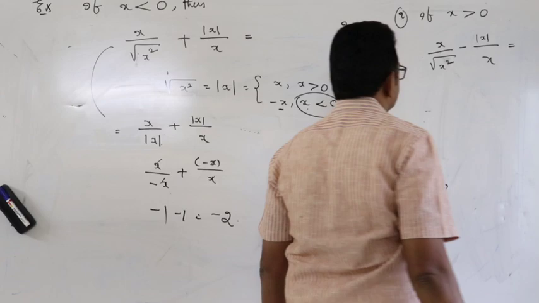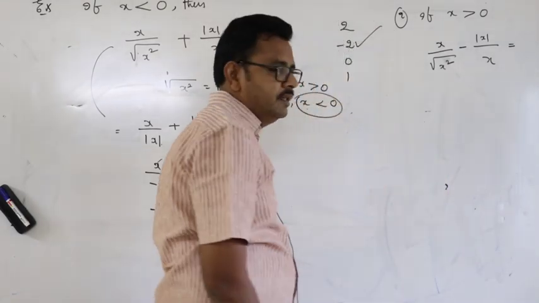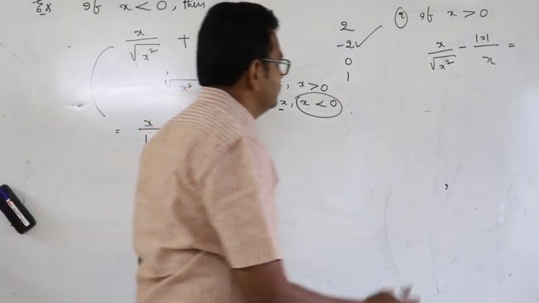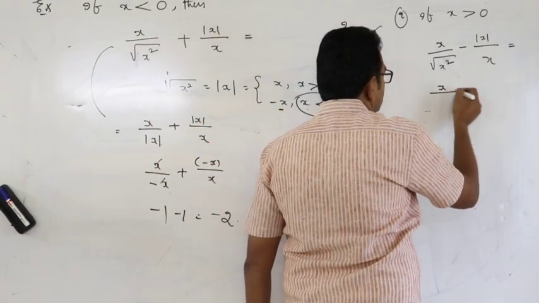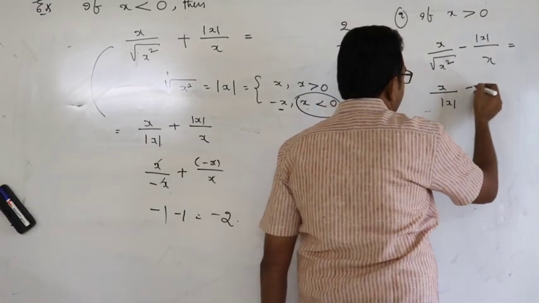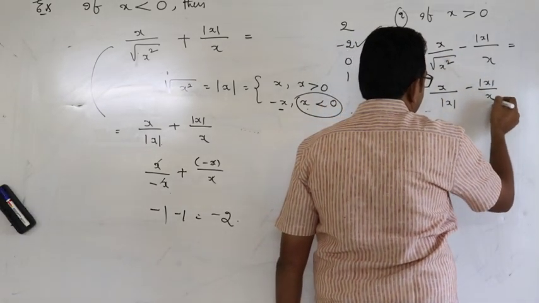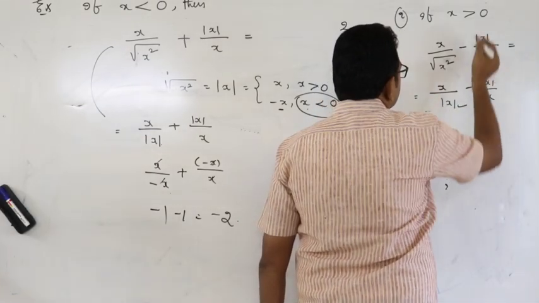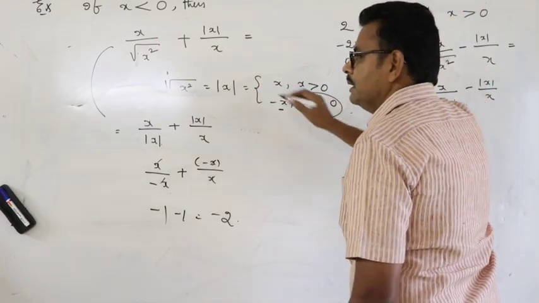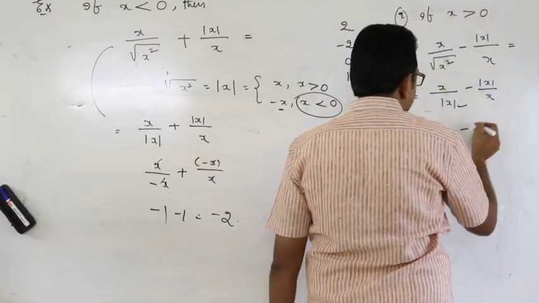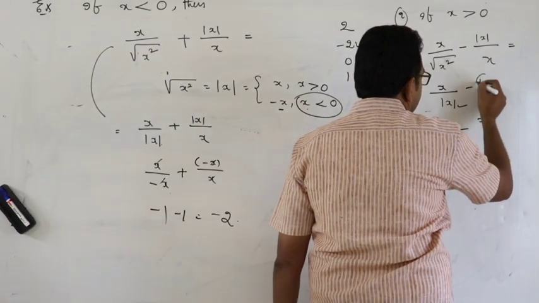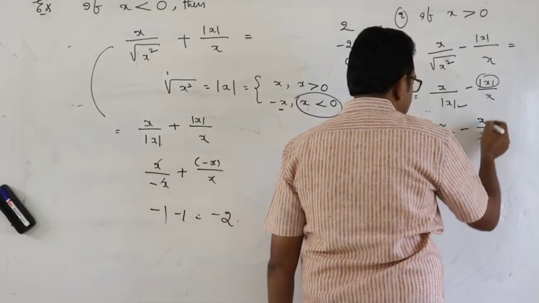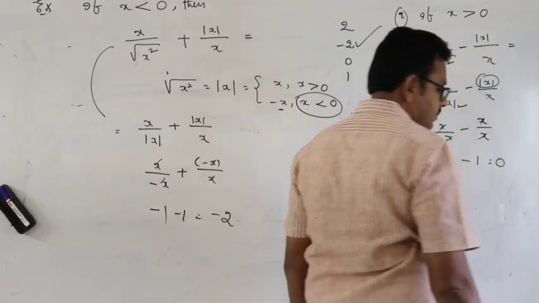Since x is positive, x by root of x square is x by mod x minus mod x by x. Mod x, with x greater than 0, is plus x, so x by x minus x by x. Therefore it cancels, 1 minus 1, that is equal to 0.